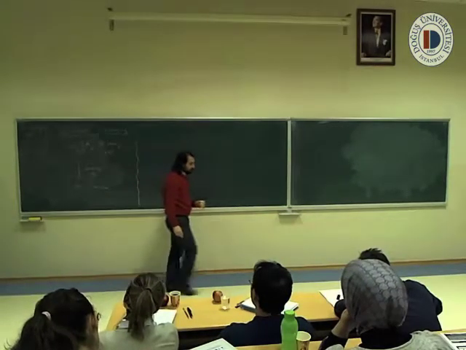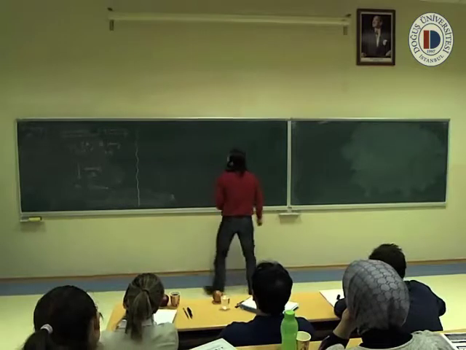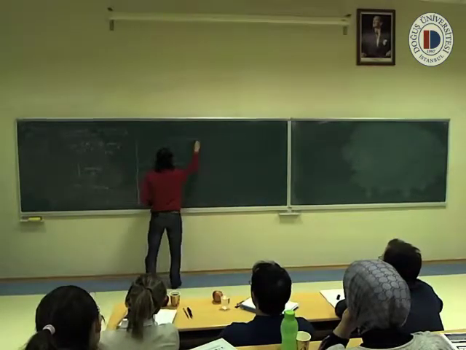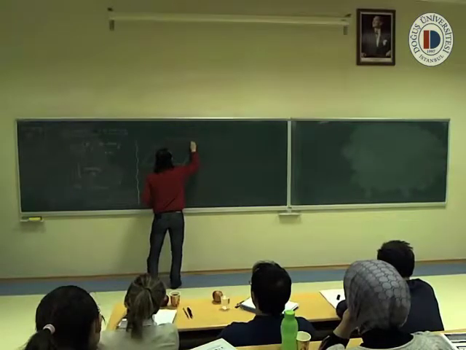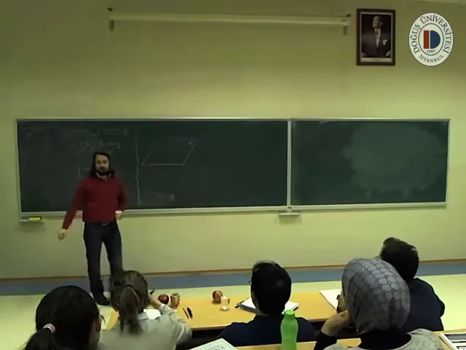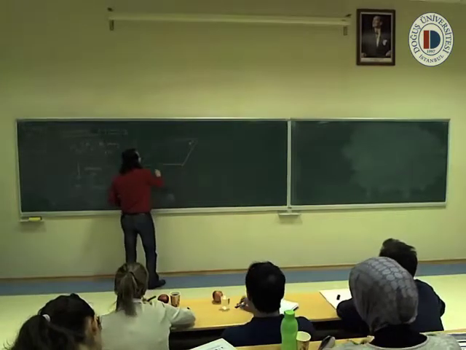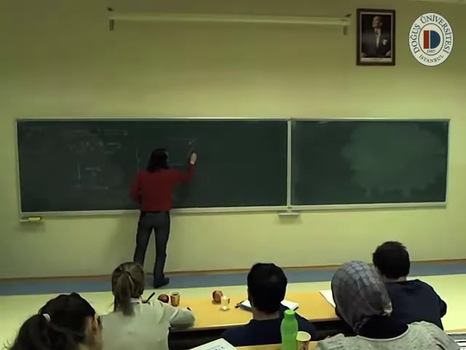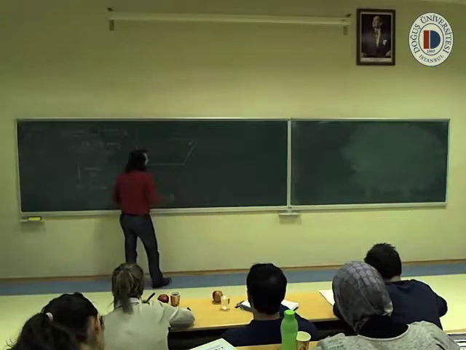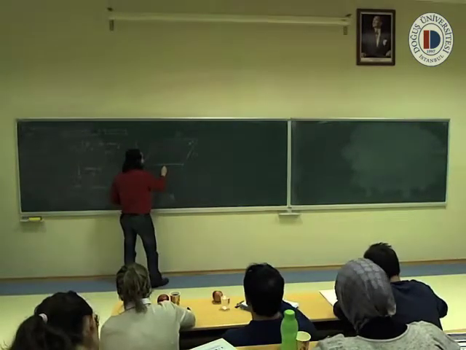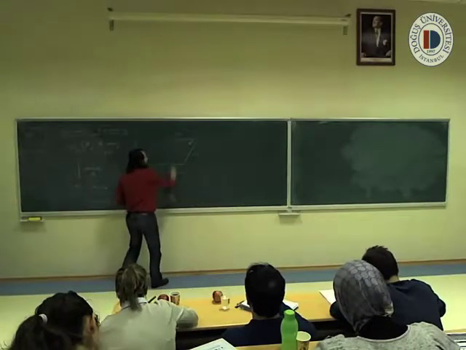The simplest example is R2. Imagine you have a 2-dimensional space. Let me also, for the sake of argument, draw a coordinate system on it. This is my y direction, this is my x direction, and I have minus infinity here and plus infinity.